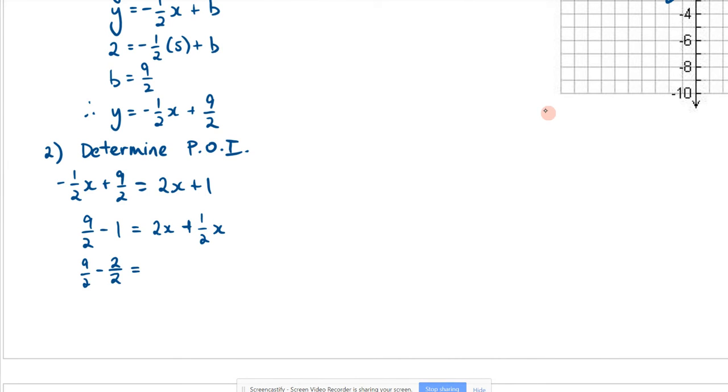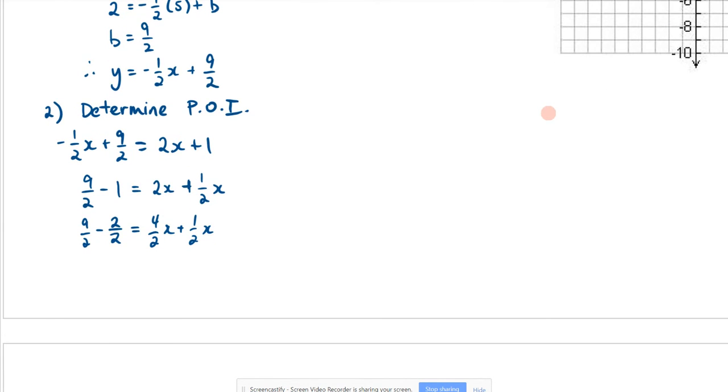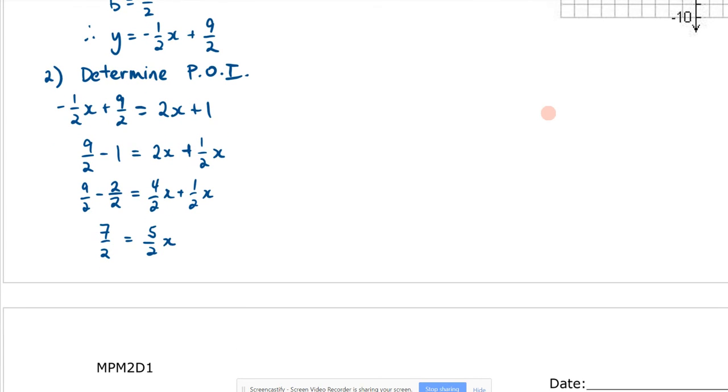And on the right side, I have 2x plus 1 over 2x, which is the same thing as saying 4 over 2x plus 1 over 2x, so I can have a common denominator. And so 9 over 2 minus 2 over 2 is 7 over 2. And on the right side, I have 5 over 2x. The 2's cancel each other out. And if I solve for x, I get 7 over 5. So there's my x coordinate.